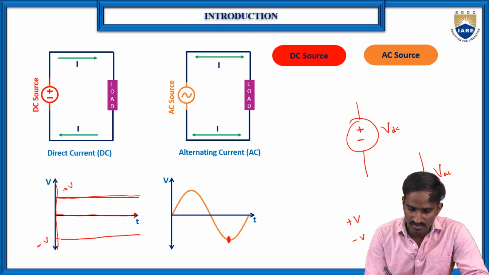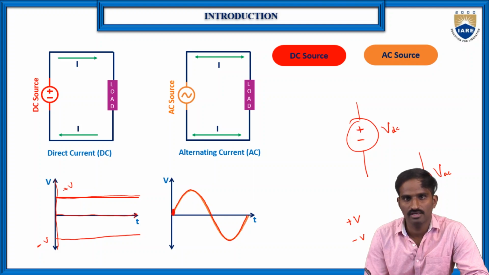Because as you can see, this has magnitude as well as direction. It is flowing in this direction, and after a period it is flowing in the other direction. So at every instant, both magnitude and direction are different.